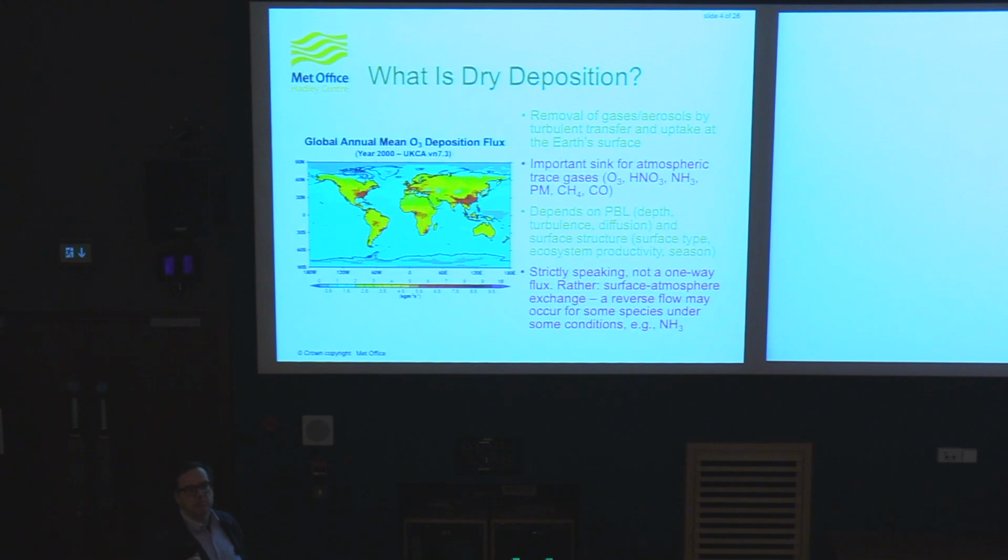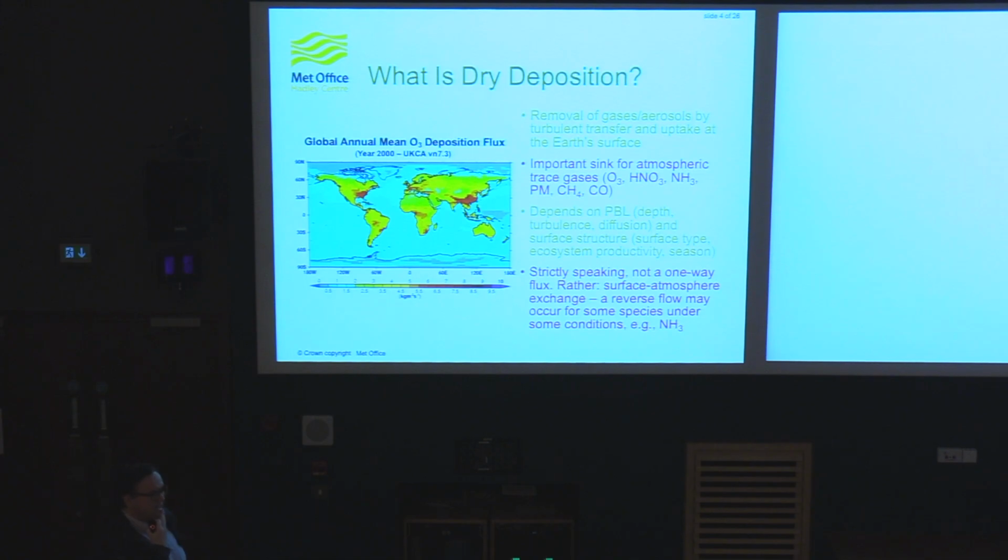It's called dry deposition because it's in opposition to another process which we call, quite unsurprisingly, wet deposition, which is actually washout of species. So this is really a transport process and not some washout of species from the atmosphere.